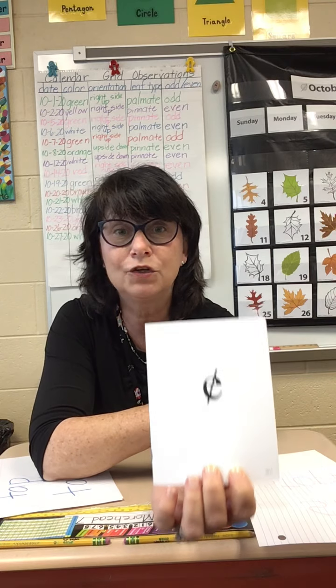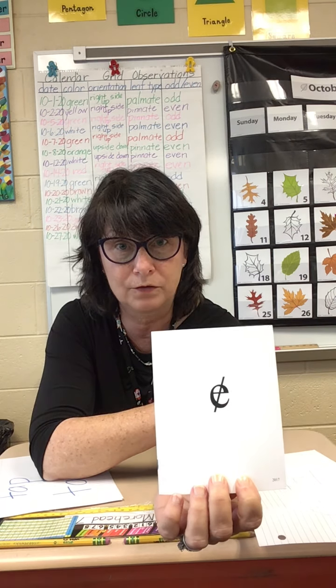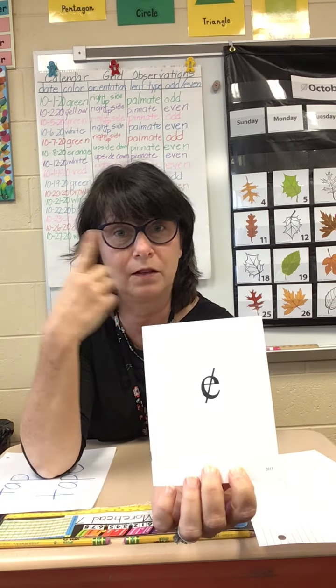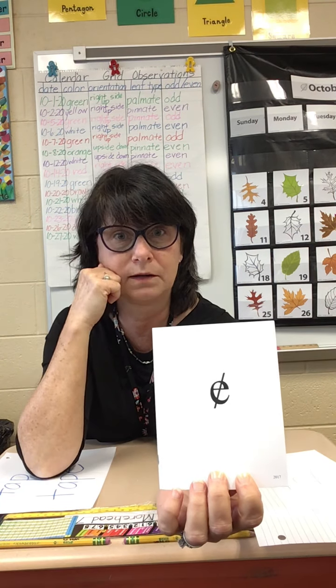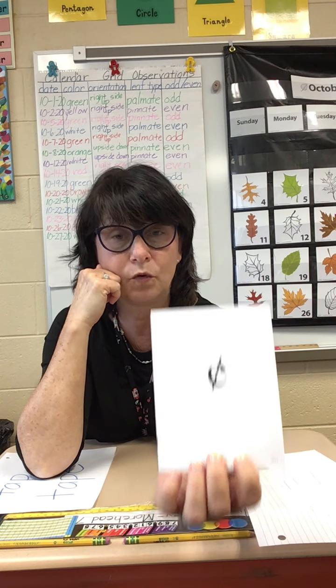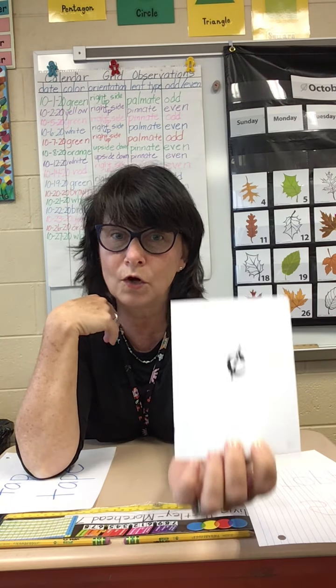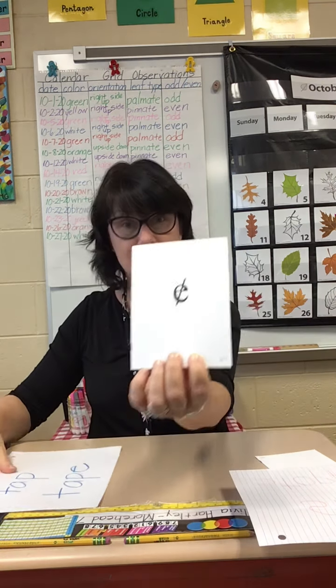What's magic about it, you say? Well, it changes the vowel sound from a short vowel like ah to the long sound of o. Okay? So if you see this on the end of a word, it's called a silent E. Or some people call it a magic E. Okay? Let me show you some examples.